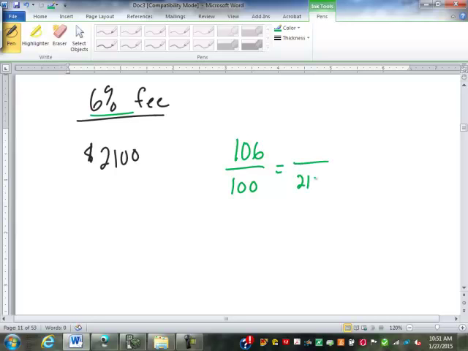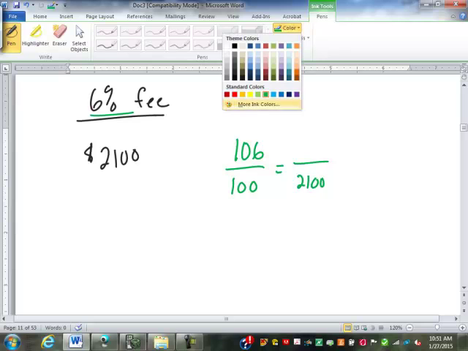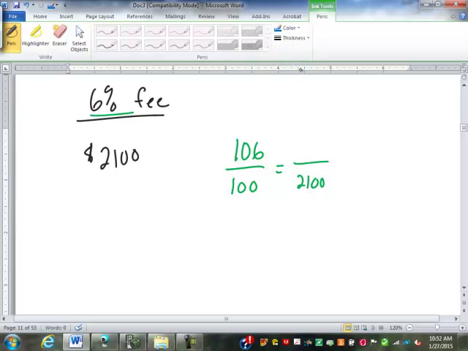So if we just find 106% of the 2,100, we're finding the 6%, but we're keeping the whole 2,100 there as well. So 2,100 times 106% is what? $2,226? So that's what we would pay after that 6% additional handling fee.